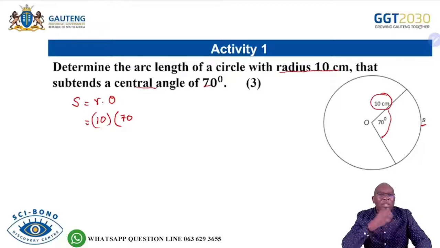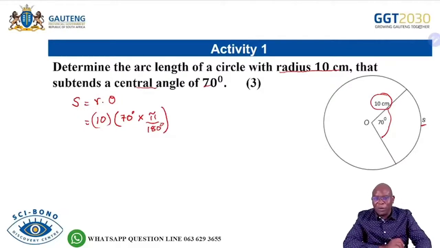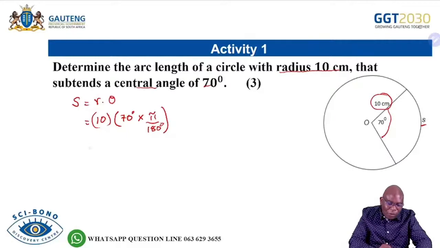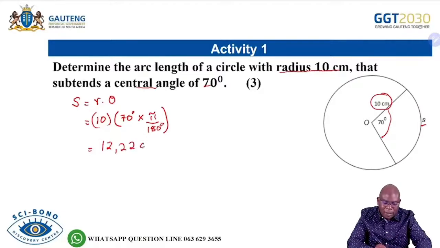But how do I change degrees to radians? Do you still remember how we change degrees to radians? We multiply by pi over 180 degrees. So if I take my calculator and say 10 multiplied by 70 multiplied by pi over 180 degrees, then I get 12,22 centimeters.